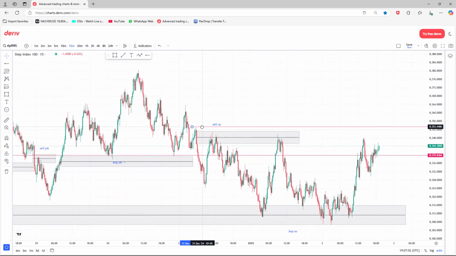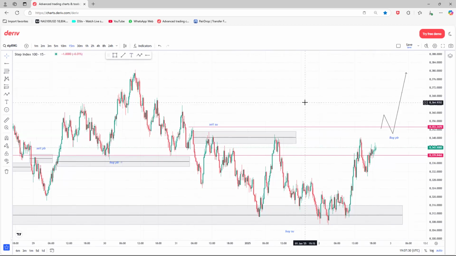When price is breaking the sell setup, you're just going to get a buy pullback. If it breaks it, you're getting a buy pullback in return. That's the other sequence. To continue the whole sequence, after it gets broken, you get a buy pullback.